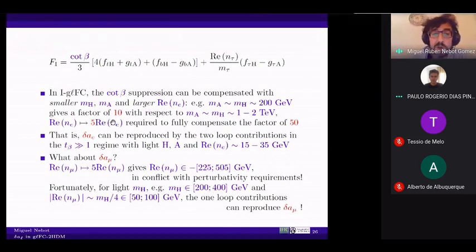In principle, it looks like you can still reproduce this anomaly with those two loop contributions in that large tan beta regime, at the price of having lighter scalars and larger couplings. Can you extend this to the muon case? Well, in the muon case, this factor of 5 in the coupling is already quite problematic.